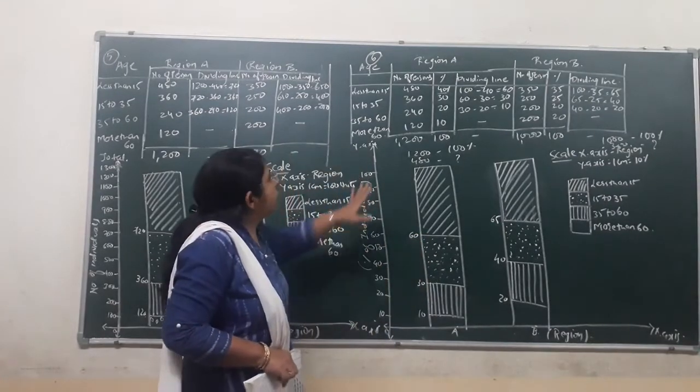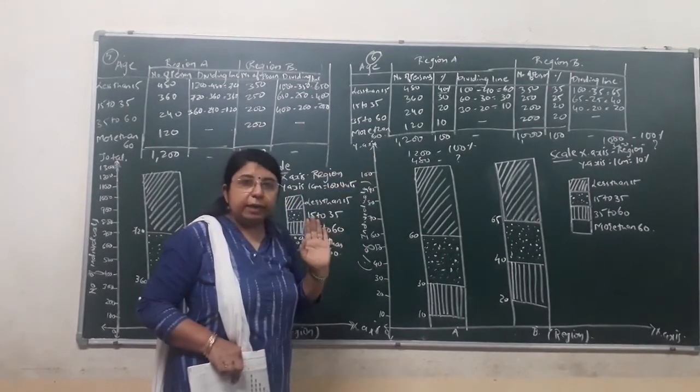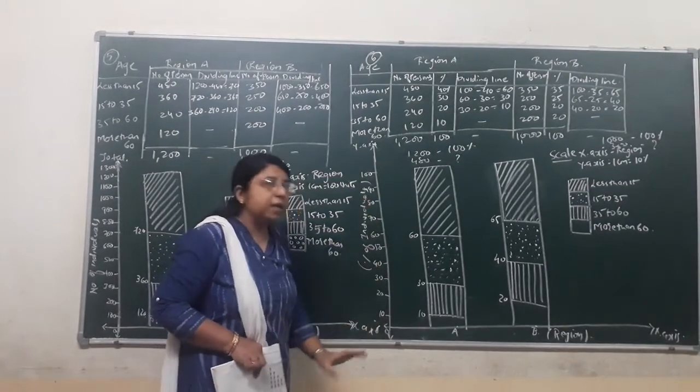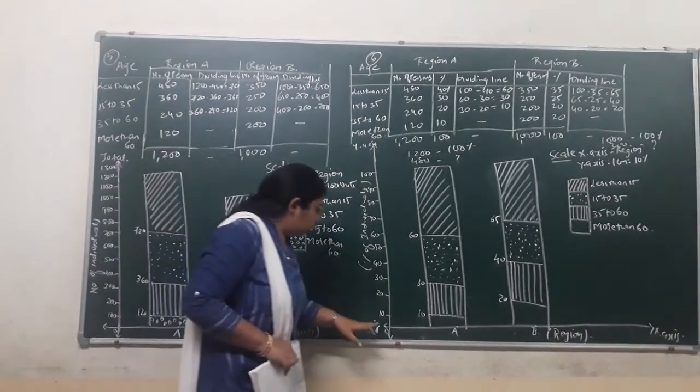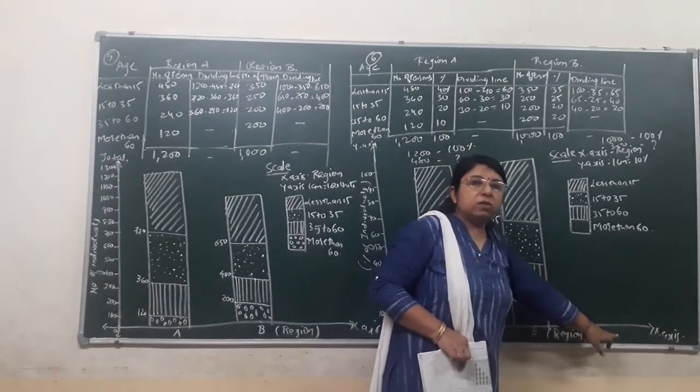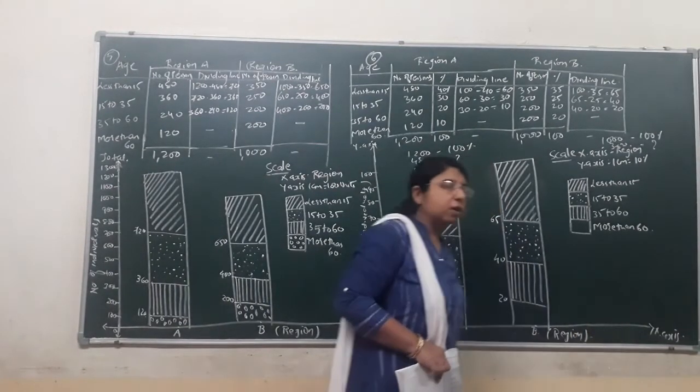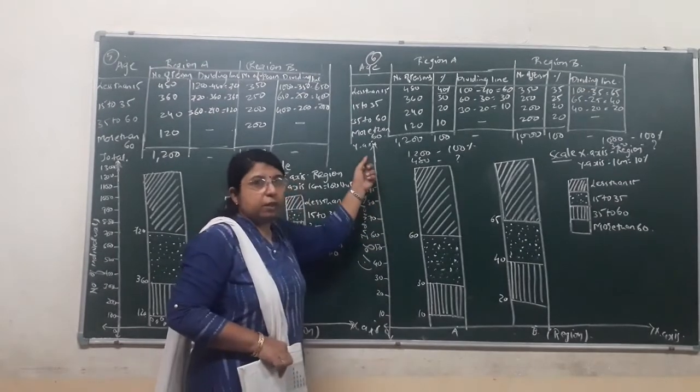Now after dividing into percentages and finding the dividing line, you have to represent it in the same way as in the simple divided bar diagram. Over here also, the horizontal line would be the x-axis and the vertical line will represent the y-axis.